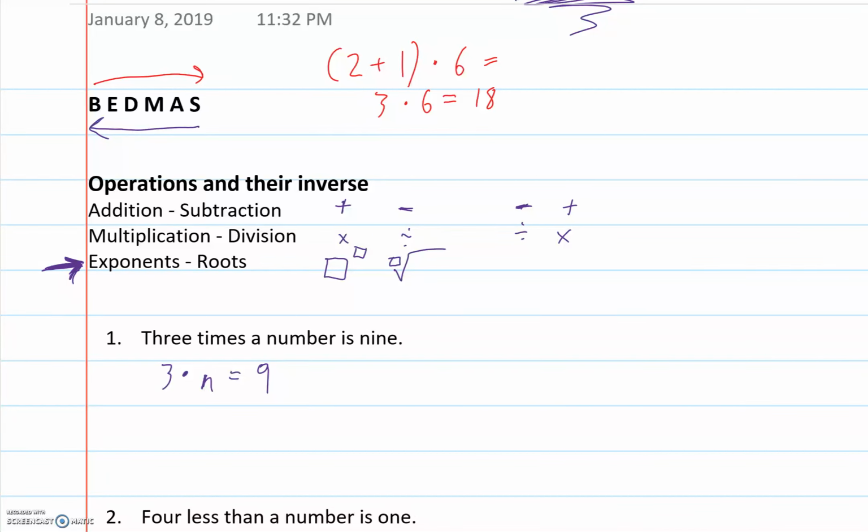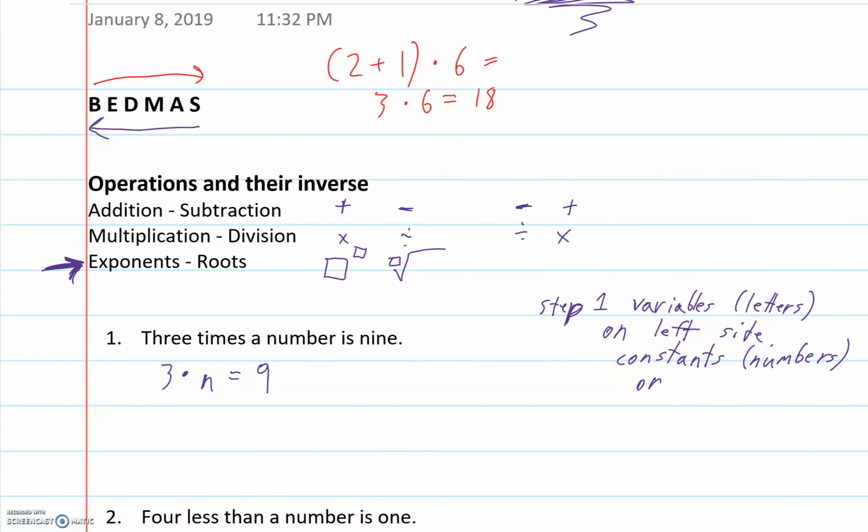So remember, inverse operations. Step 1 is basically what do you want, and we always want variables, which is usually a letter, in brackets behind letters, on the left side, and numbers, or constants, which a normal word for it is numbers, on the right side.